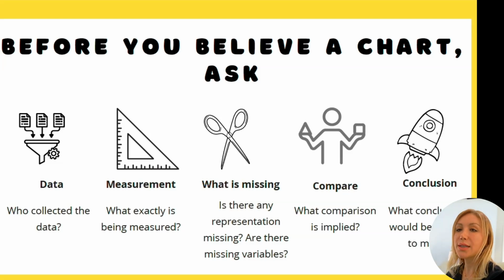And the fourth one is what comparison is implied. Who is being compared to whom? What is being treated as the baseline? It is very important. And finally, notice what conclusion feels obvious, right? And then you ask yourself, does the chart actually support that conclusion? And that pause between jumping into the conclusion and seeing what the chart actually tells you is what critical reading, this visual literacy, actually looks like. So it's very important.